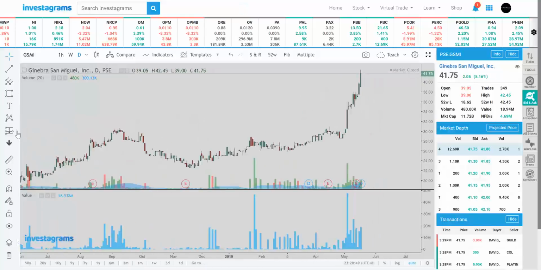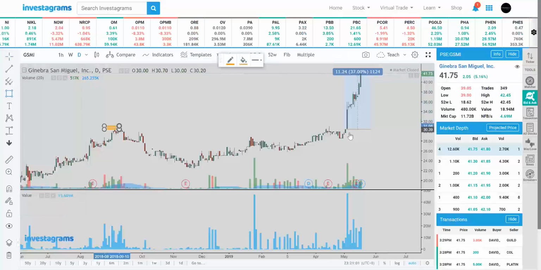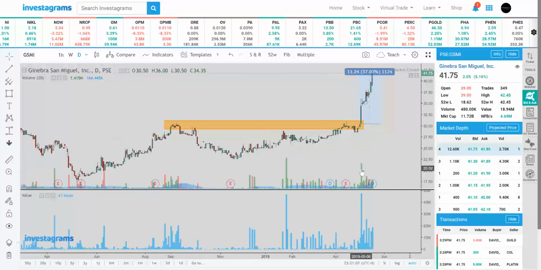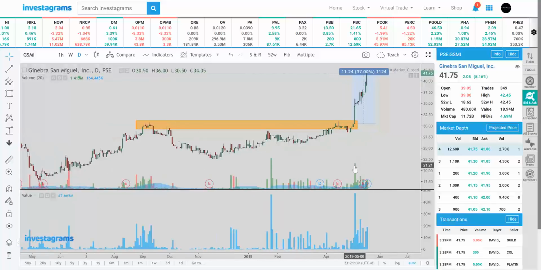Well, it's not yet that super, but given the boring, stagnant market conditions, 37% on a breakout is not bad. And look at this structure, where after consolidating for a bit, you suddenly see value turnover spike on this stock.